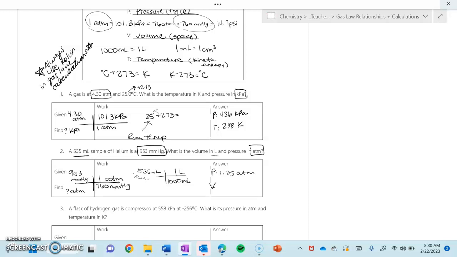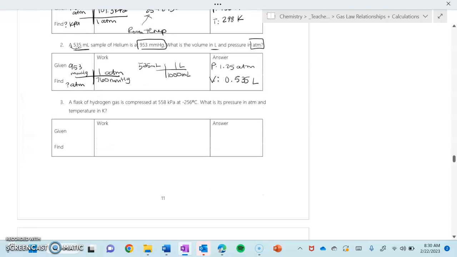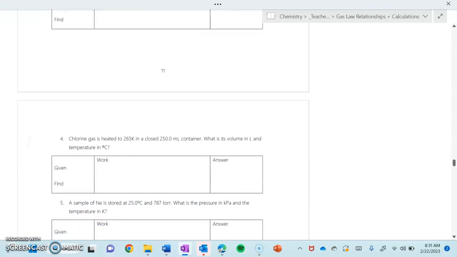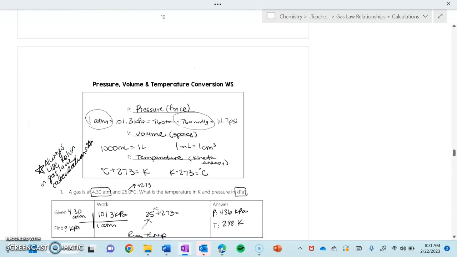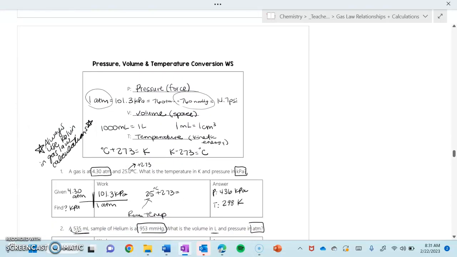So our volume will be 0.535 liters of gas. And this is why. Anytime you have milliliters that you're changing into liters, feel free to just change it into a decimal real quick by moving it 3 times to the left, and you're good to go. Okay, so you continue your work on page 11 and 12 for today using those relationships in units.